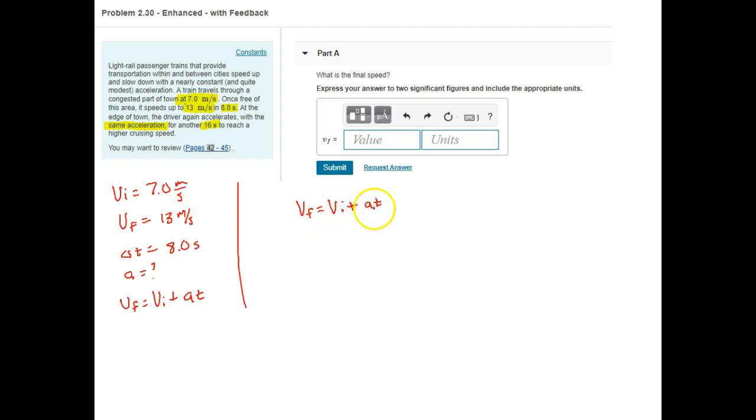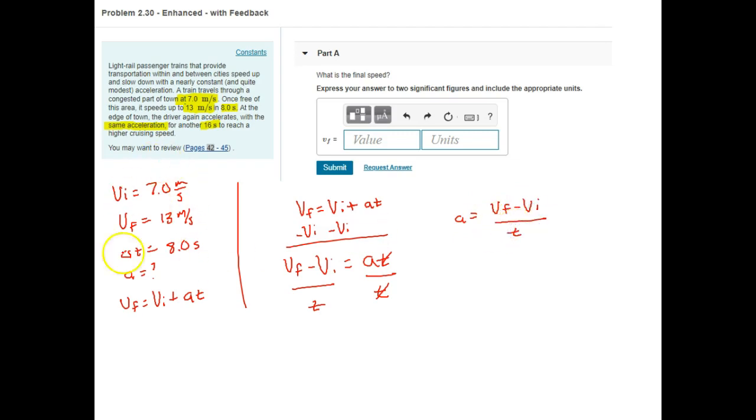So to get A by itself, because you know VF, VI, and T, and you're trying to find A, you need to subtract VI. So that becomes VF minus VI is equal to AT. And then you need to divide through by T, and that T cancels out this. So the formula you are going to be using is acceleration is equal to VF minus VI over T. And of course, your numbers might change over here, but that's the general format to get through that first part.